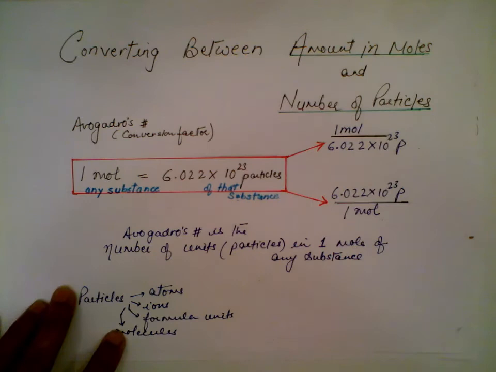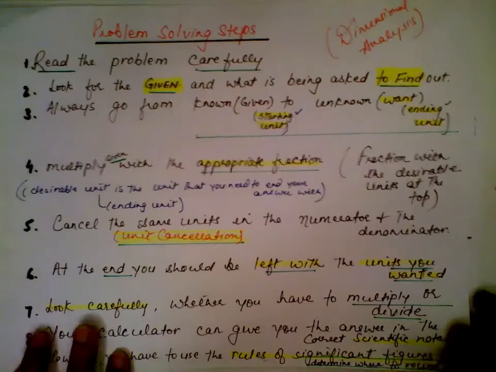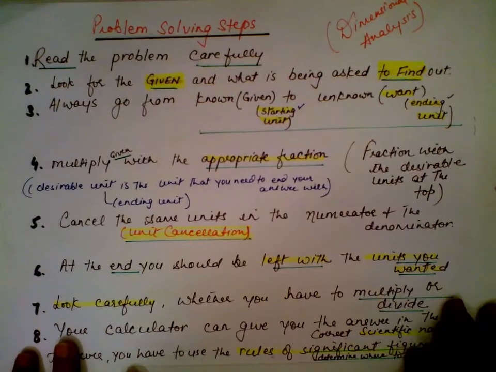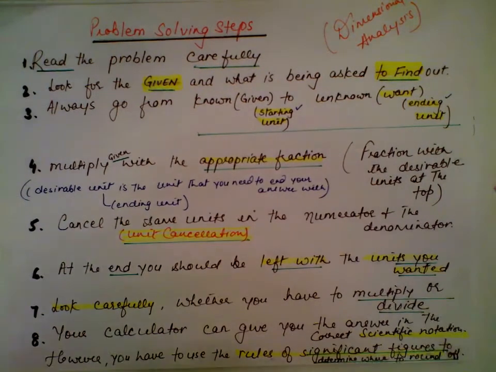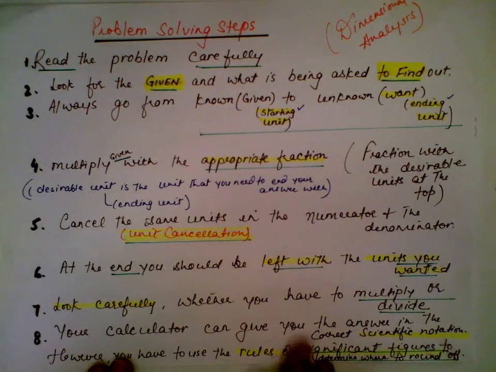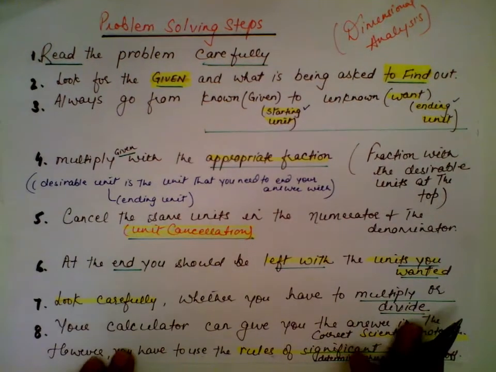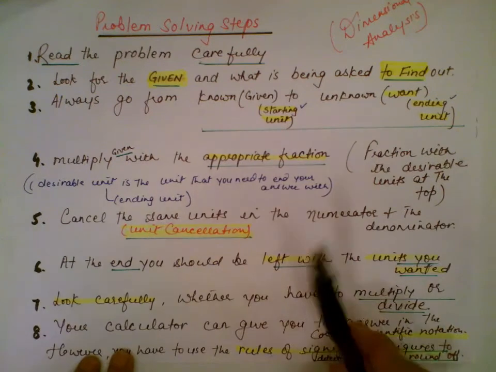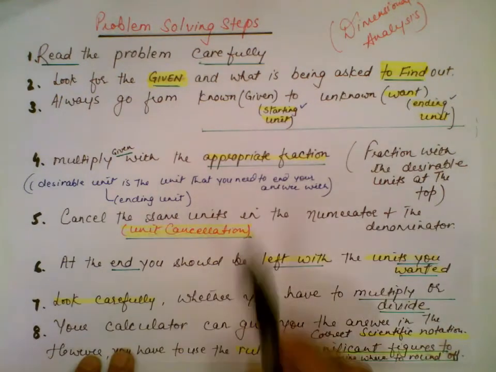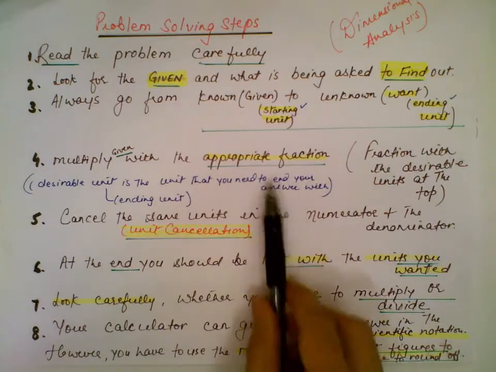Alright, so here are the steps for unit analysis, dimension analysis. You read the problem carefully, look for the given and what is being asked to find out. So these are the basic steps for dimension analysis. You always go from known to unknown. You multiply the given units with the appropriate fraction.